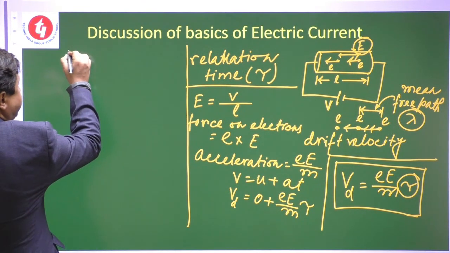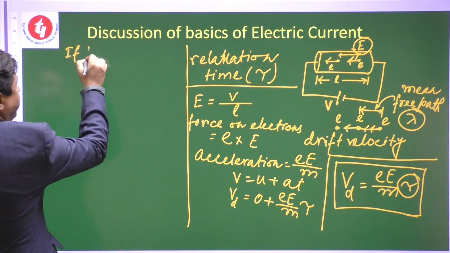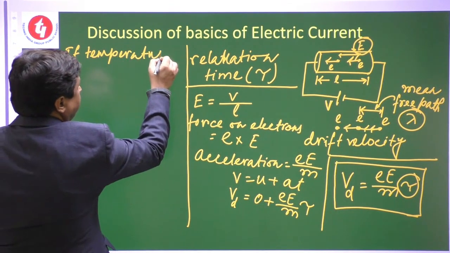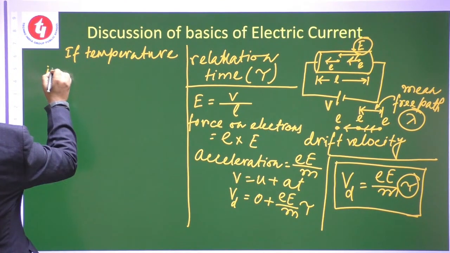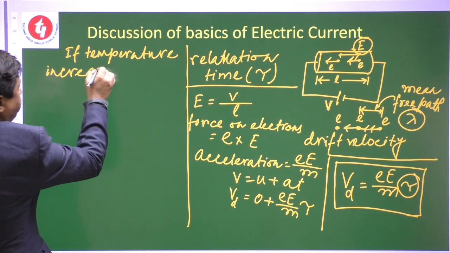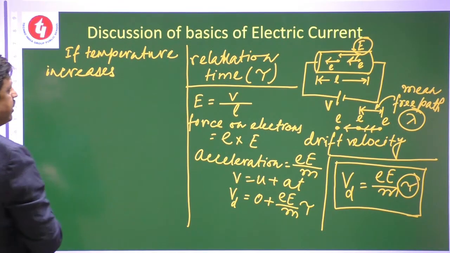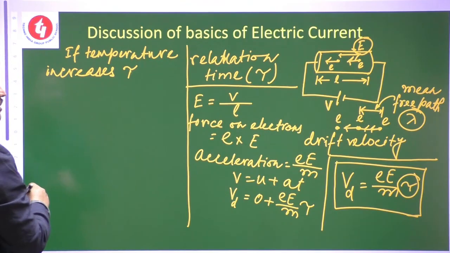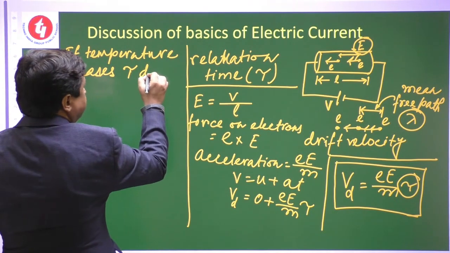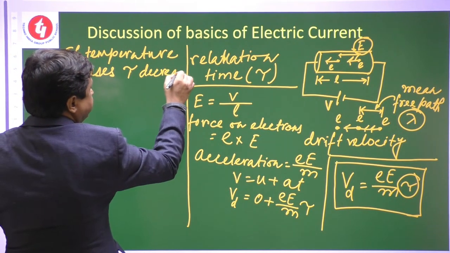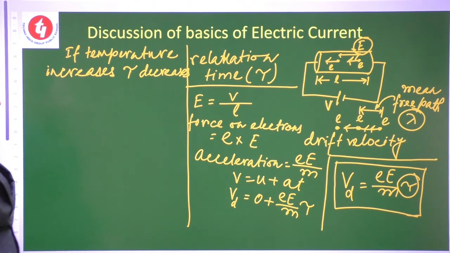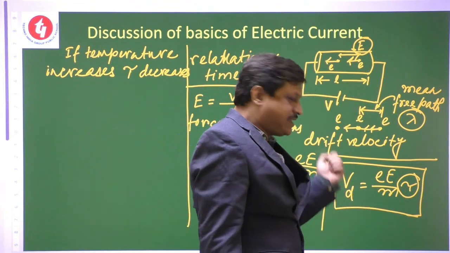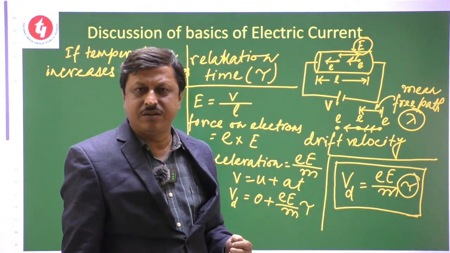Very important point: if temperature increases, tau, or relaxation time, decreases. So when temperature increases, tau decreases, which means drift velocity decreases.